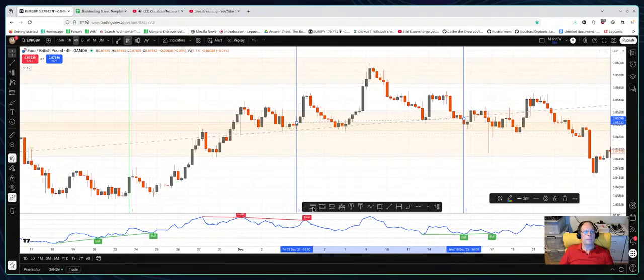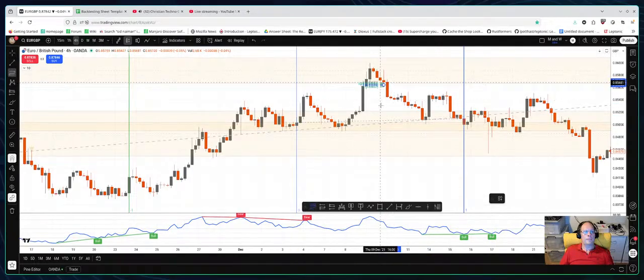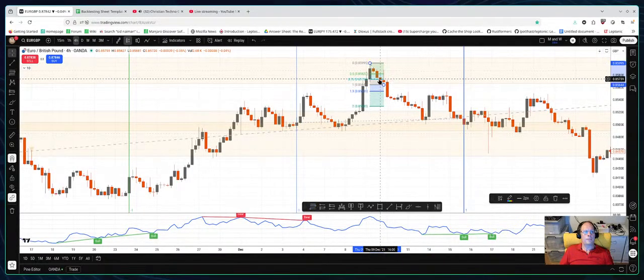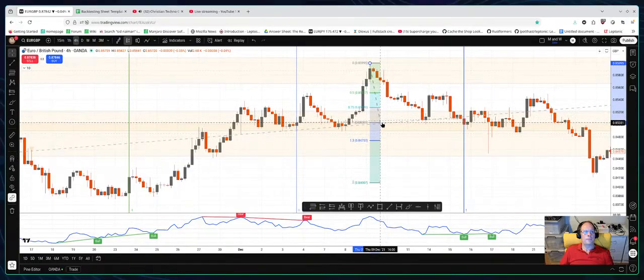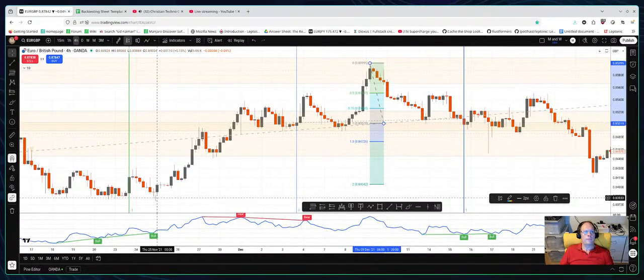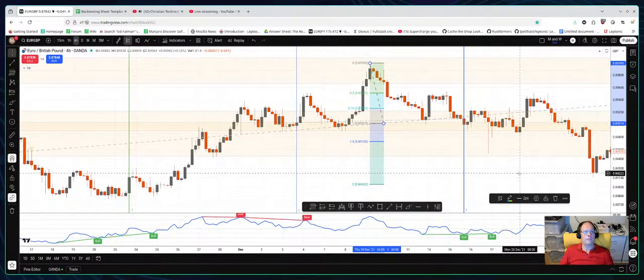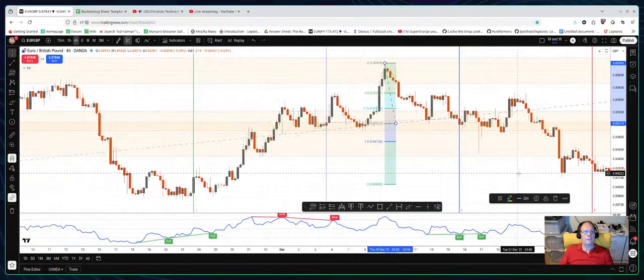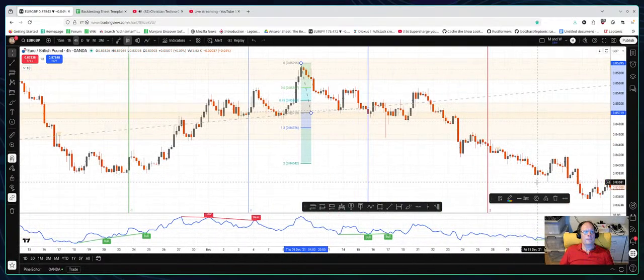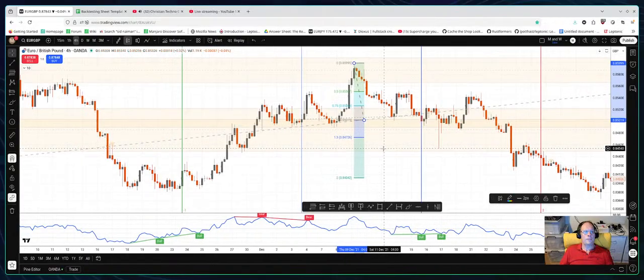Draw the level. I forgot to press control. It snapped in there. So before the pattern started, it had got that level, and then it didn't quite make it at the pattern end, but it did make it shortly after, so it's good enough.